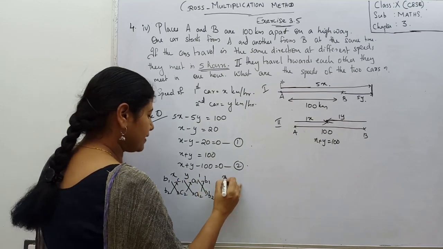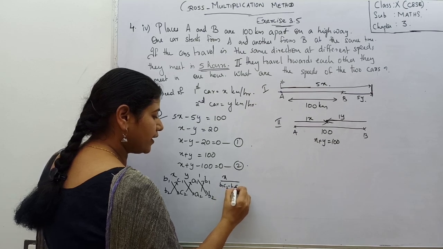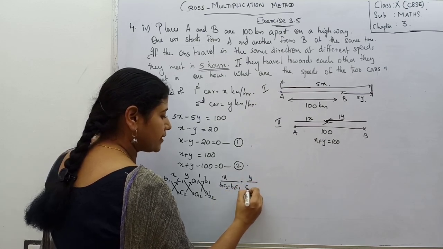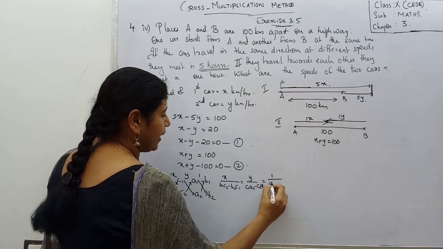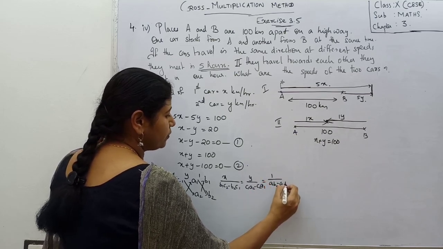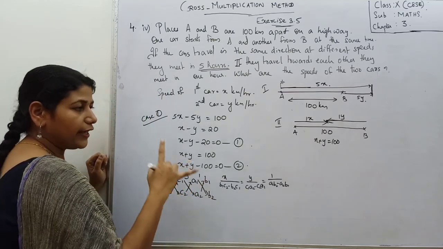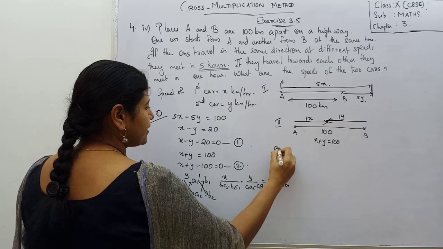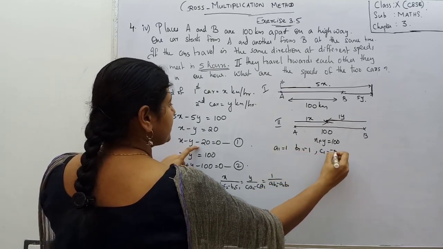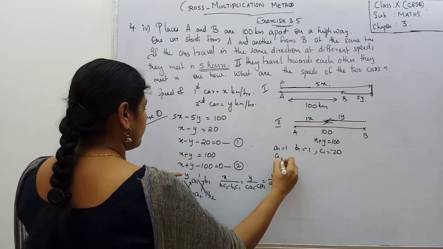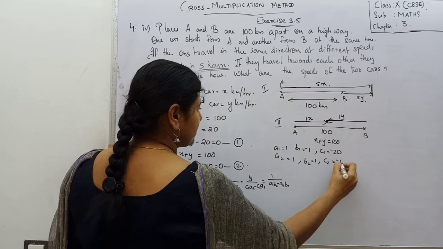So we can write x by B1 C2 minus B2 C1 equal to y by C1 A2 minus C2 A1 equal to 1 by A1 B2 minus A2 B1. Now we can write A1, B1, C1, A2, B2 and C2. A1 is 1, B1 is negative 1, C1 is negative 20. A2 is 1, B2 is 1, C2 is negative 100.